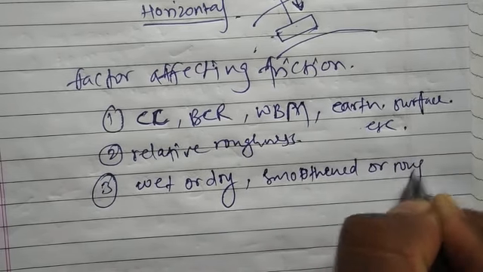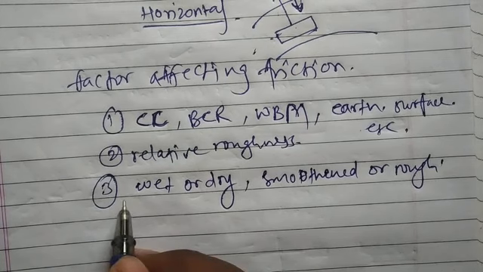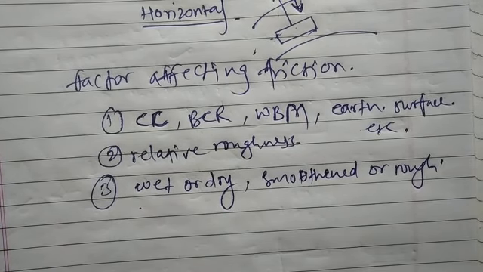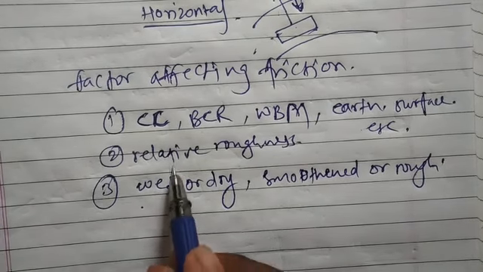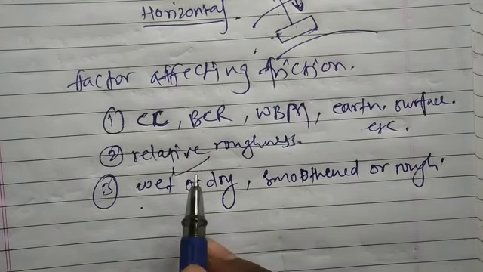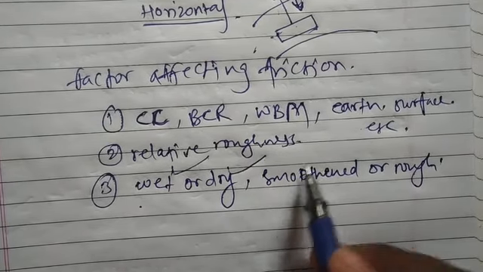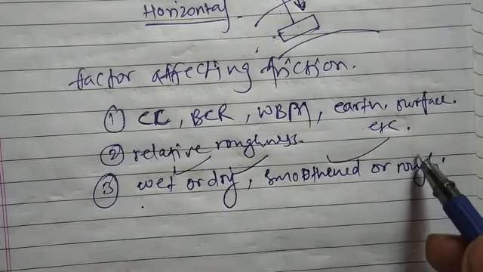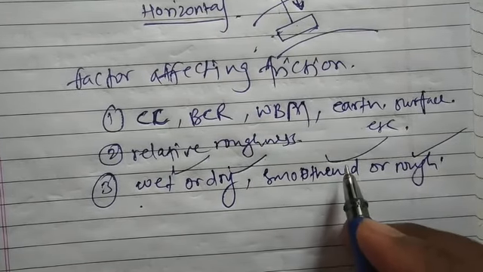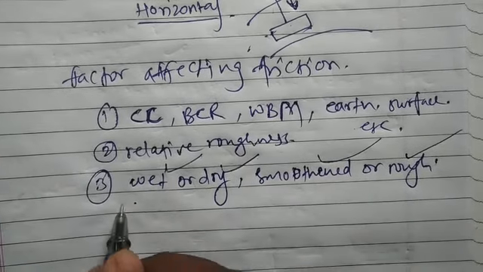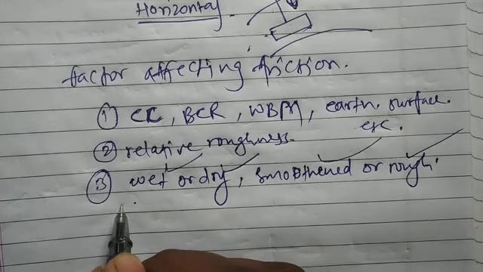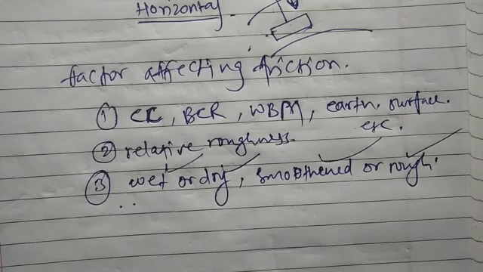We know that wet roads provide a lower coefficient of friction, and dry roads provide relatively good friction, whereas a smooth road will provide less friction and a rough road will provide good friction. Roads having sand on them will also provide less friction, and there is a possibility of the vehicle skidding.